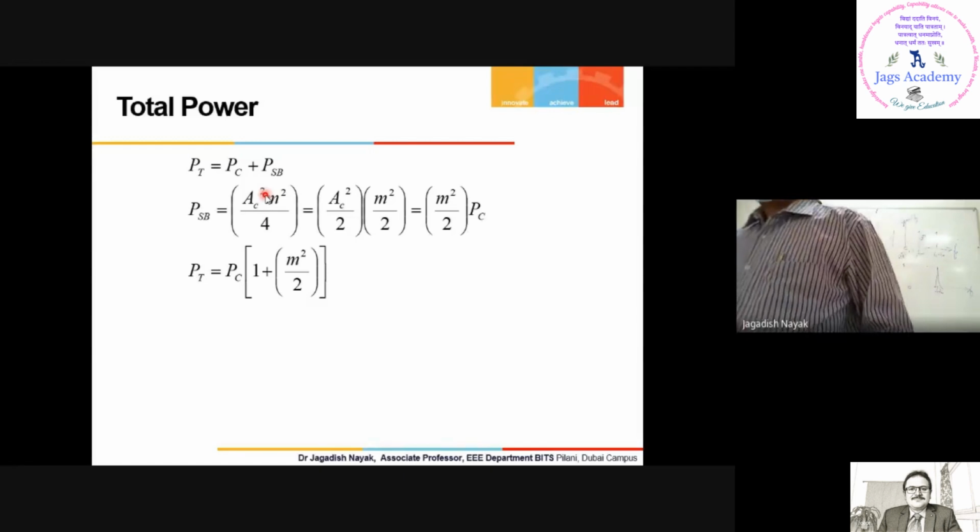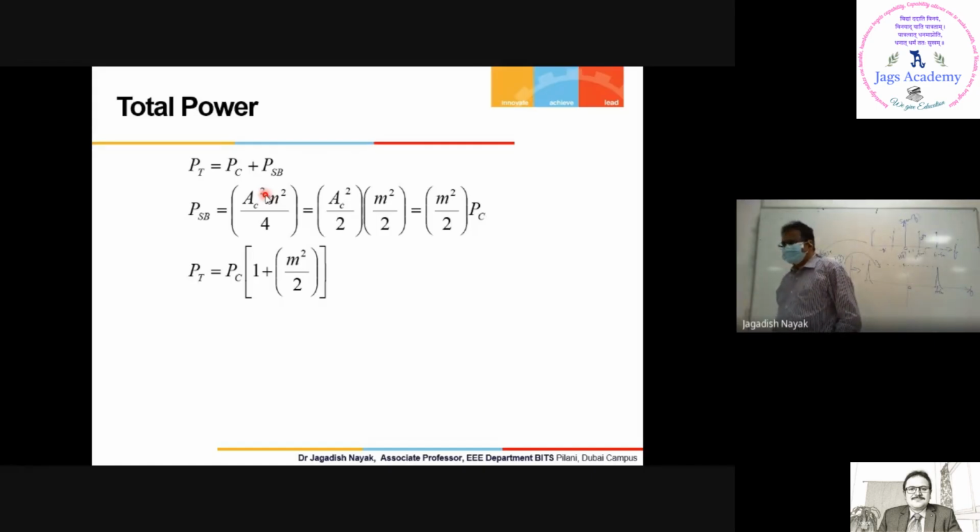What is Ac squared by 2? Carrier power, yes or no? So replace that with Pc. Now P sideband is equal to, you got an equation, m squared by 2 into Pc. Have you understood this? Now substitute this PSB in the above equation.